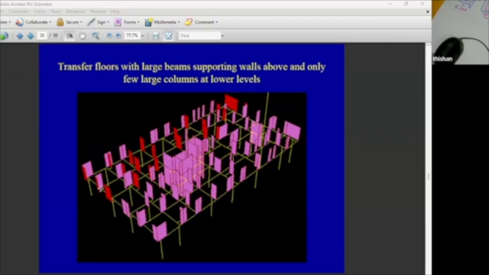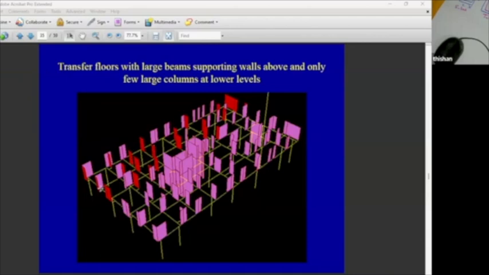So what is the meaning of the model? The model is not the actual structure. The model actually represents the behavior of the structure. So these are mathematical models that we have created to represent the behavior of the structure.